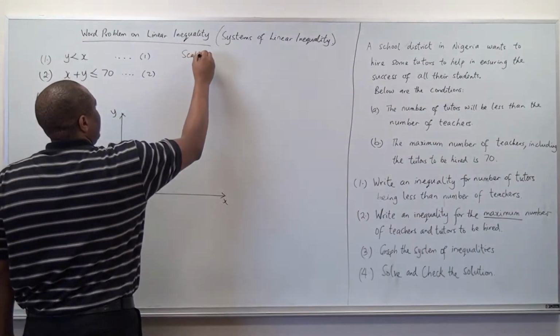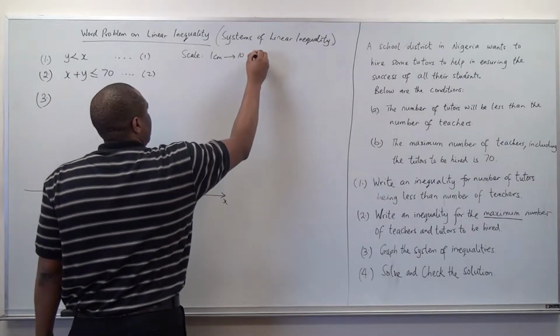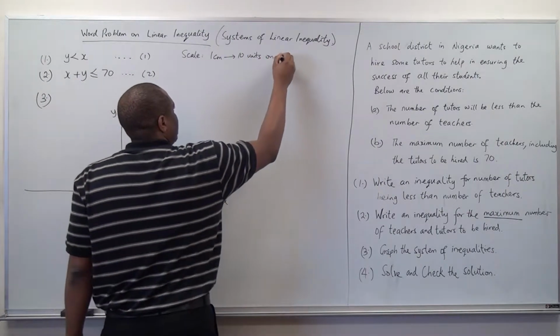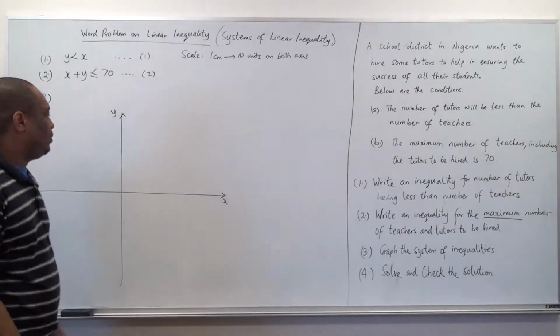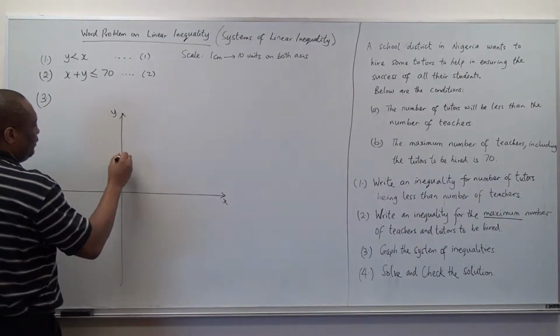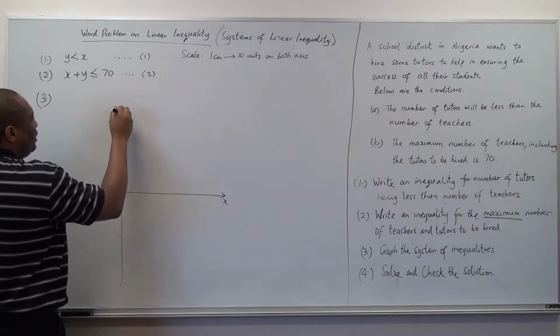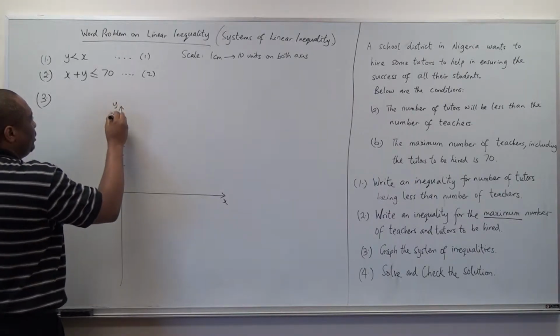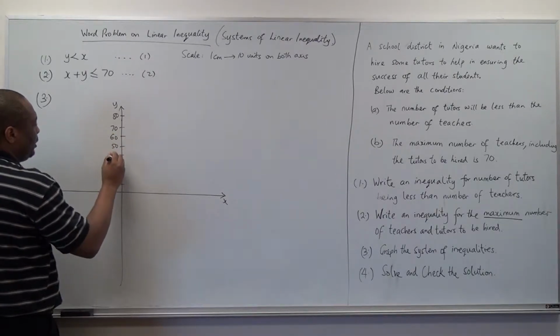Let our scale be 1 cm represents 10 units on both the X and Y axis. So we can call this 10, 20, 30, 40, 50, 60, 70, 80, right?